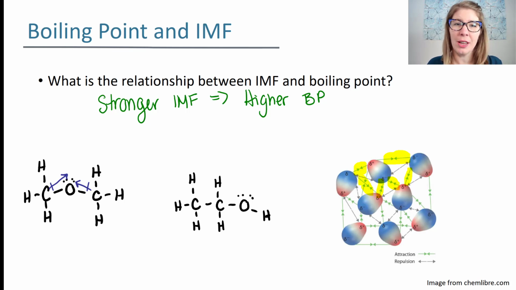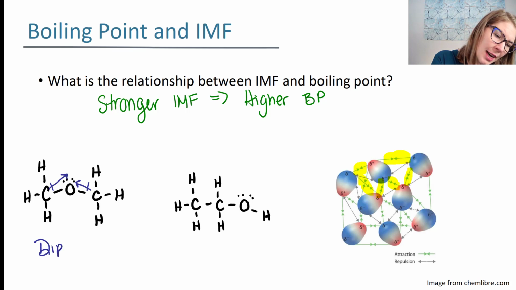We have a central atom that does have polar bonds, and there are lone pairs on the central atom. So this is a polar molecule. Is there an OH, NH, or FH? No. So it's just experiencing dipole-dipole forces.